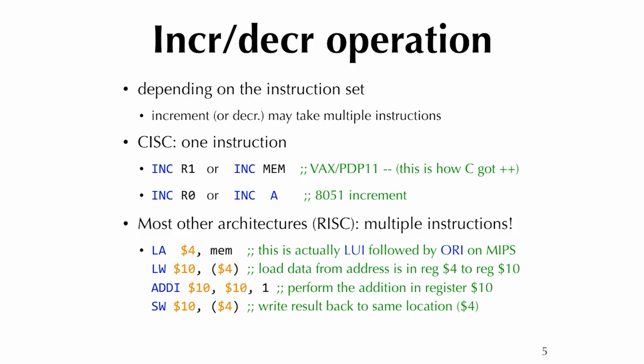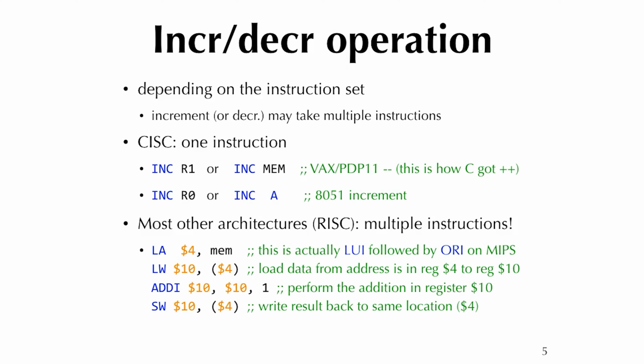So LA actually is a pseudo instruction in that it gets expanded into 2 instructions. That's called LUI and ORI. So load upper immediate, so that's 16 bits, into the upper 2 bytes. And ORI is to OR in the immediate into the lower bytes. And that way that forms the address.